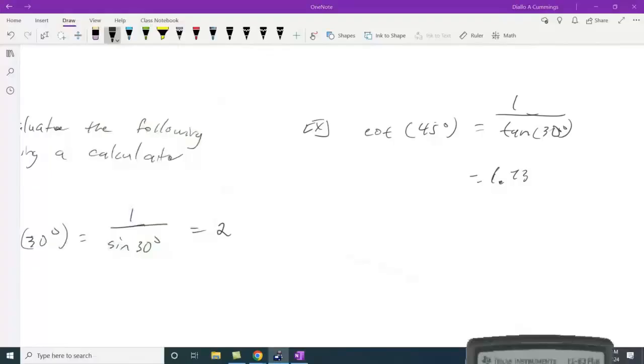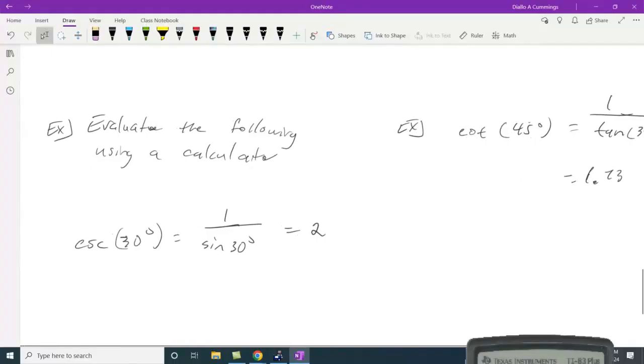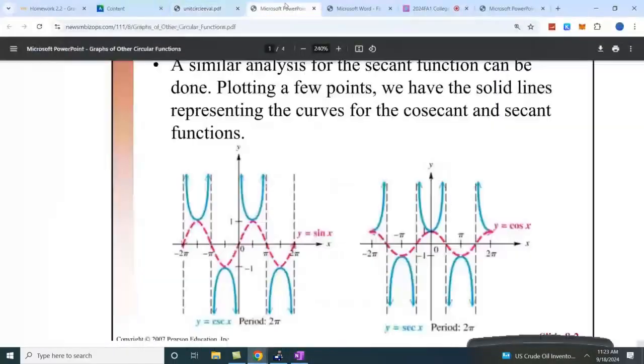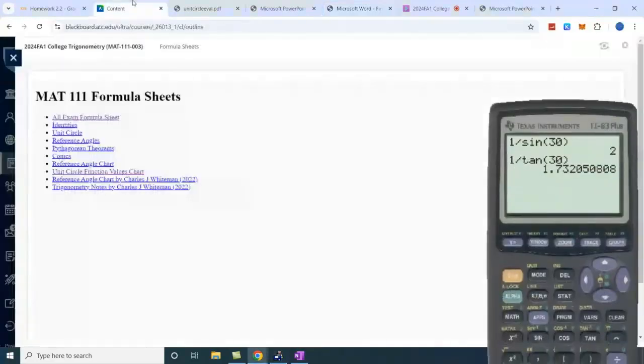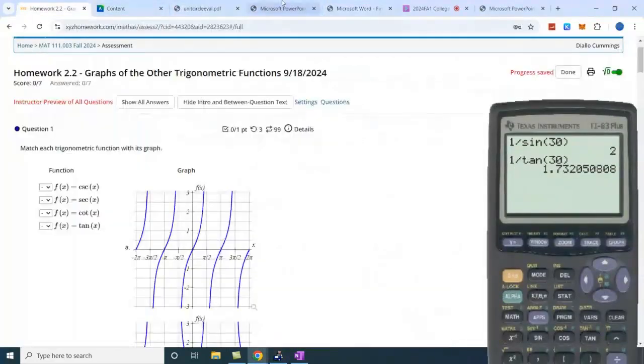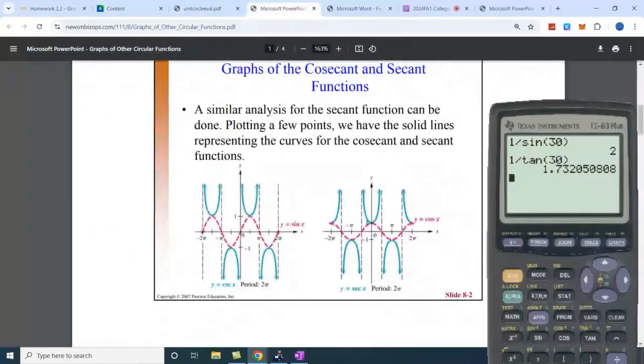All right. So when we take a look at the graphs of cosecant, secant, and cotangent, we must use the reciprocal identities. All right, so how will we graph cosecant x?